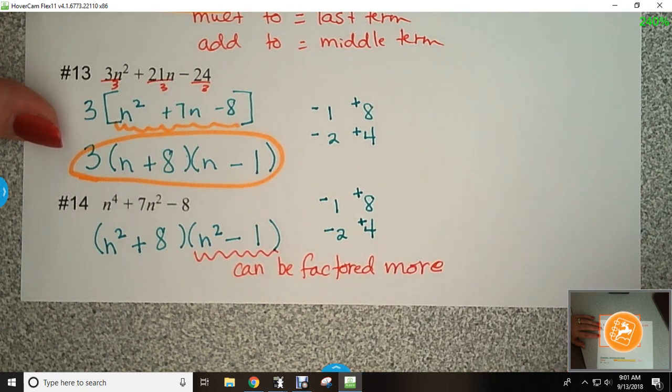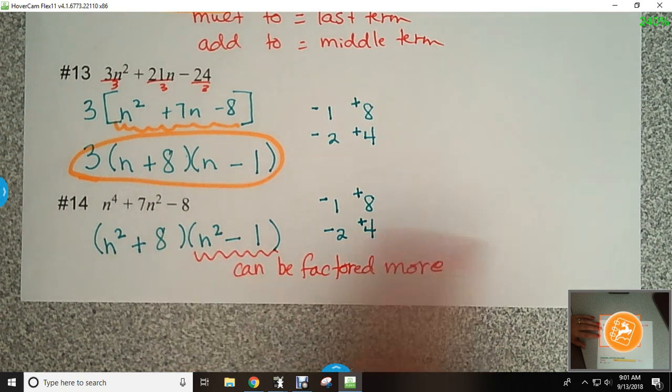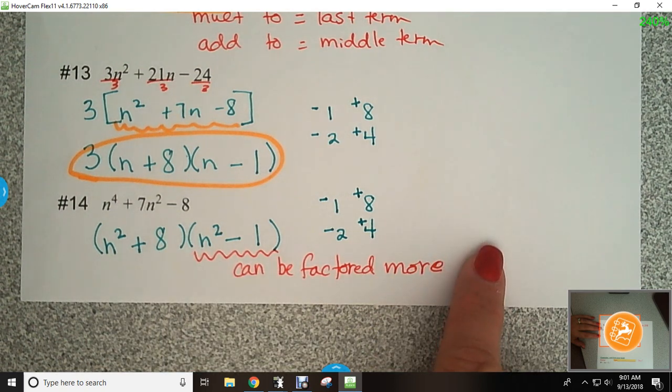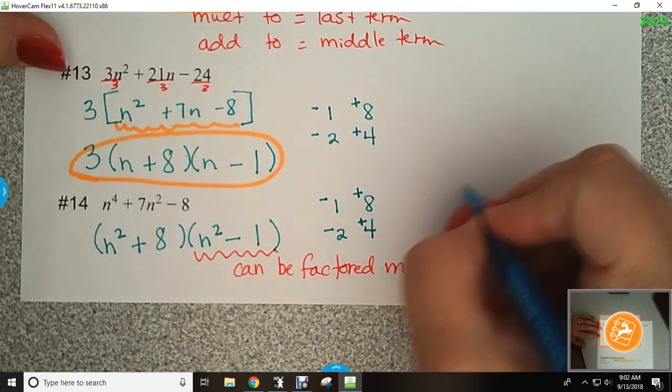But we haven't talked about that kind of factoring yet. So for right now, I'm going to leave this and say it's done. Okay, for those of you who remember factoring from Algebra 1, I'm going to go ahead and put the correct answer for this one out here once you factor it again, so that if you were trying to do this on your own, you will know if you got the right answer or not.